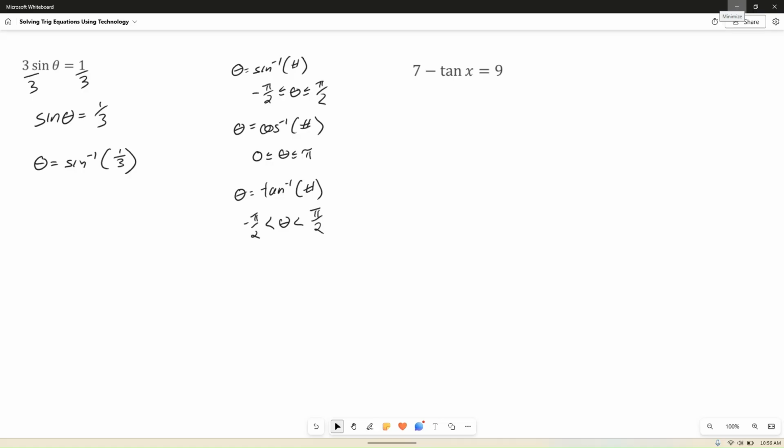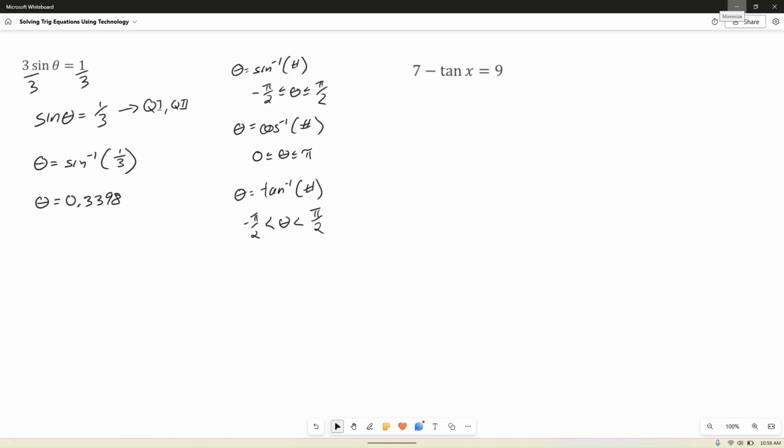Okay, so if we compute that on our calculator, and make sure you're in radian mode here, we're going to get theta is equal to 0.3398. Now the decimal does continue on. I'm just going to round it to 4 digits for now. Okay, so also remember, when sine of theta is equal to 1/3, sine is positive in the first and the second quadrants.